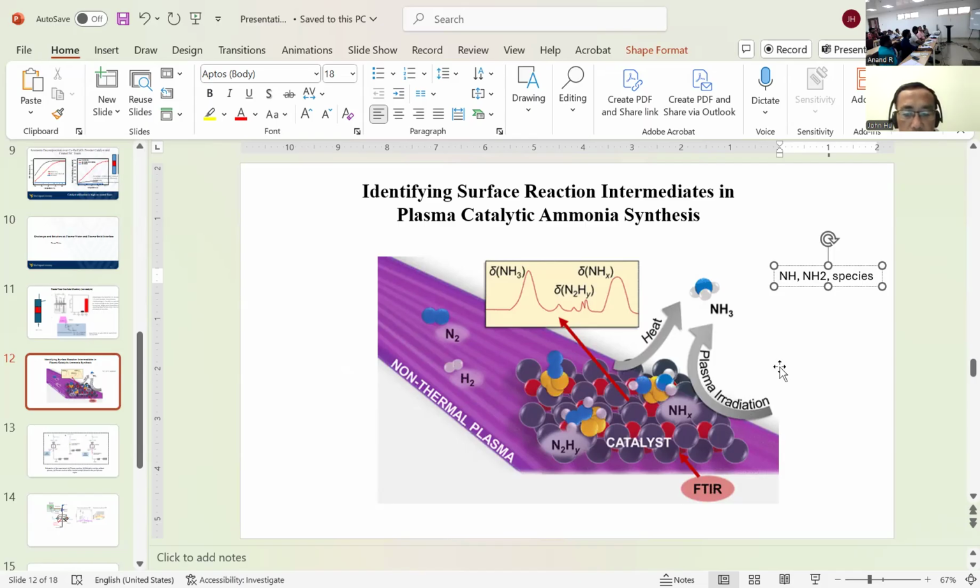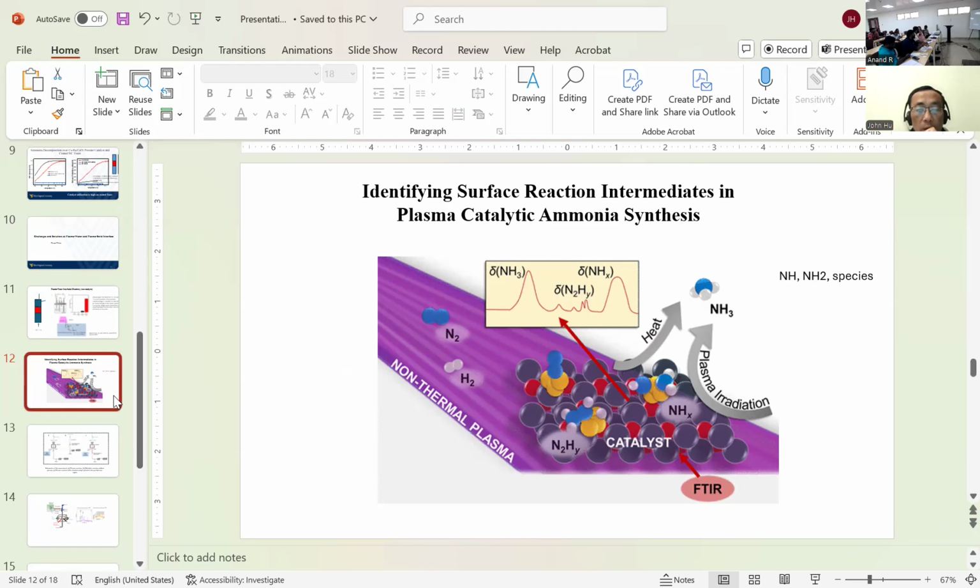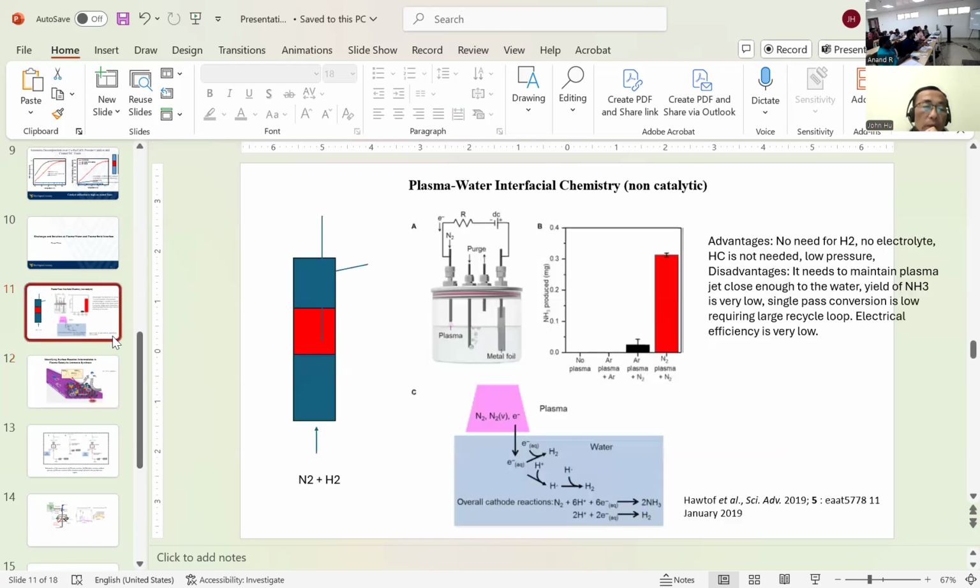Thermal plasma can separate the oxygen produced from water. Oh, so you are talking about the previous one, the oxygen separation. Are you talking about this, or here? Previous. Oh yeah. Thank you.